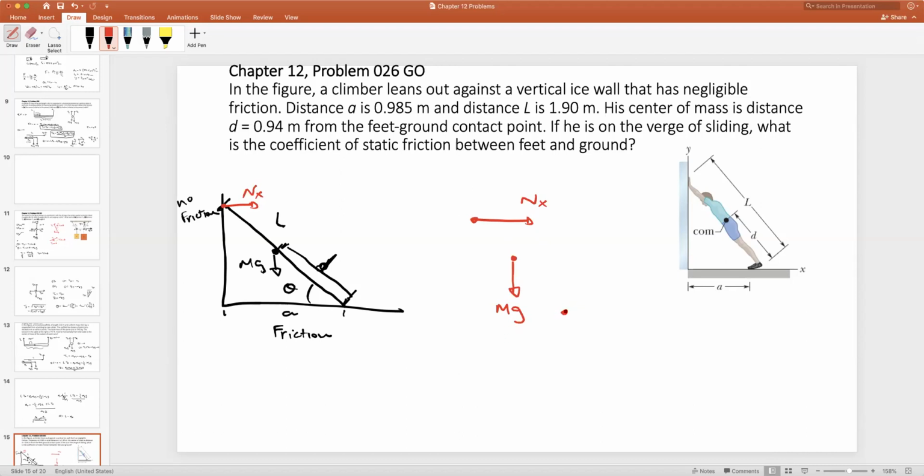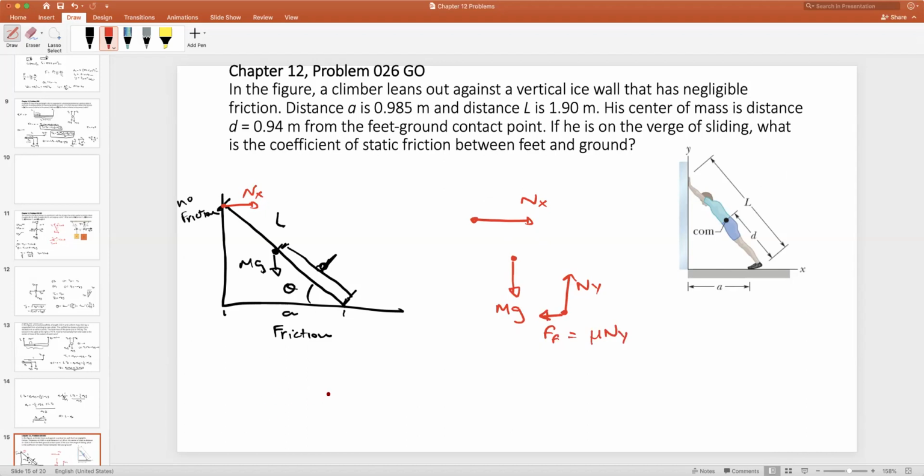And at the floor, there's going to be a normal force in the y direction and a force of friction, which is equal to mu times N_y. That's going to stop him from sliding. He's right on the point of sliding, so we know this is static, but those are the four forces on his body.